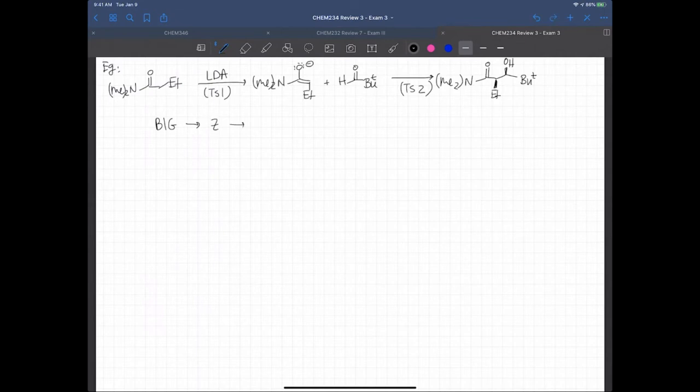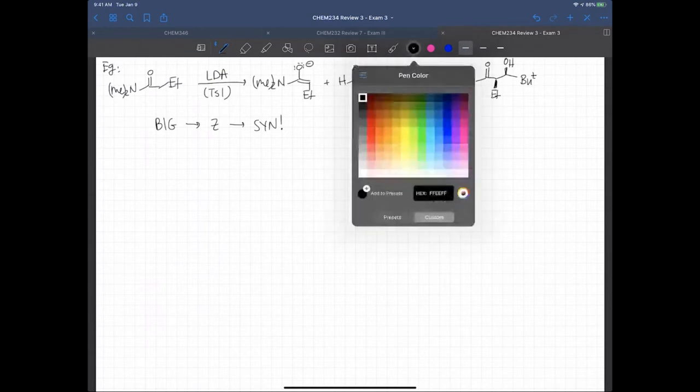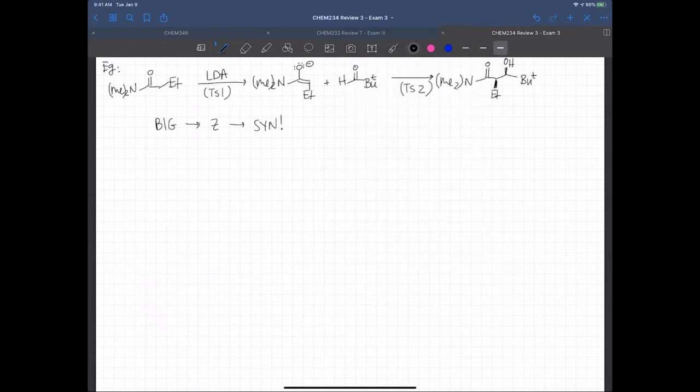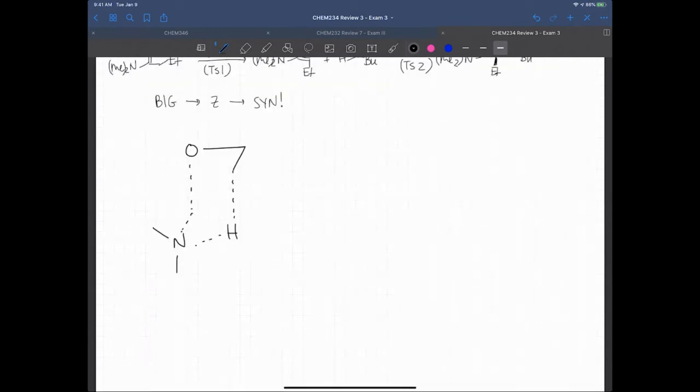Z, and therefore I get N. Okay, good. So let me draw the template. Right here, IPR, and okay.